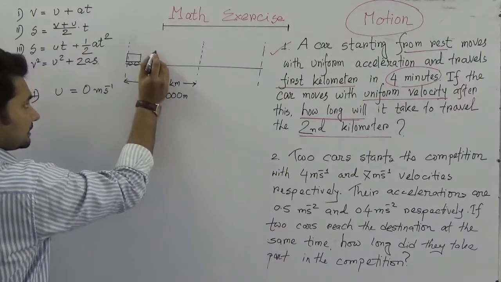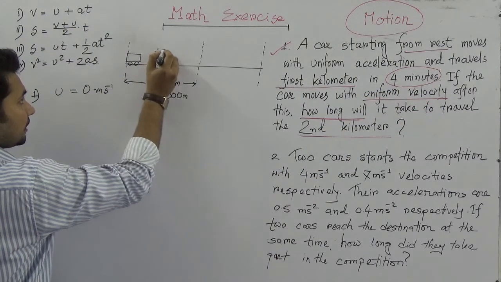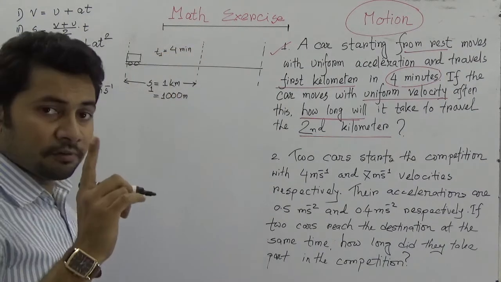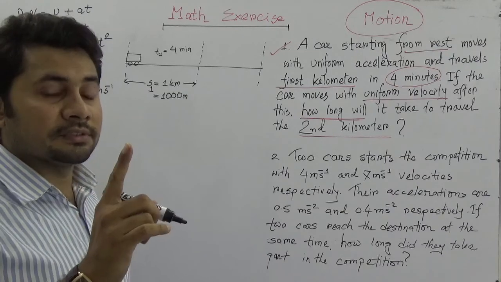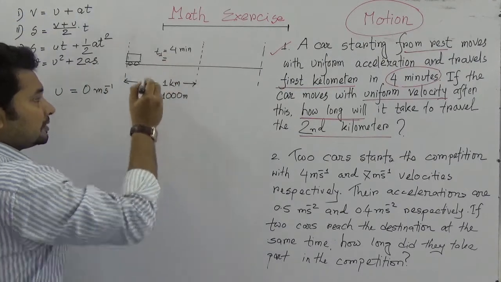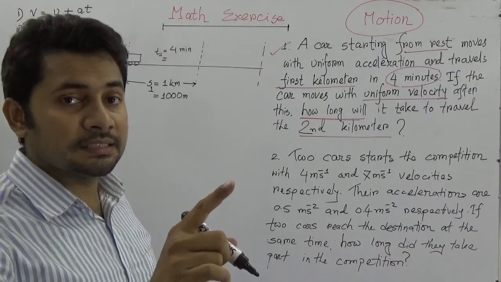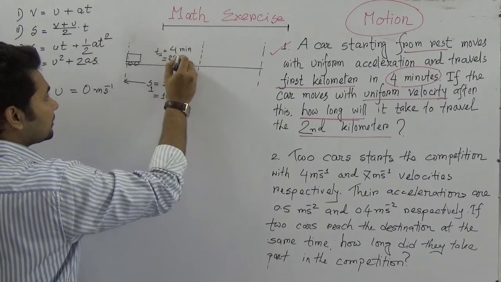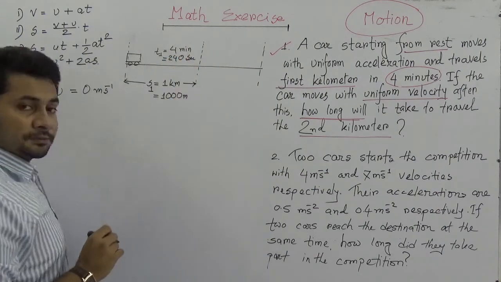So this T1 is 4 minutes, and we need to convert that minute into seconds. So 4 minutes would be 4 into 60 seconds, that would be 240 seconds.